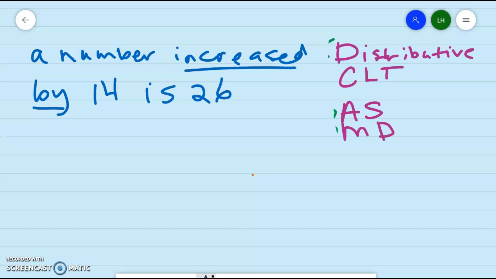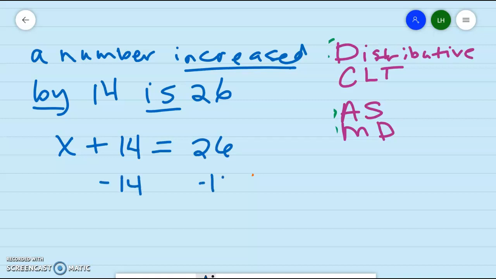So increased by means add, and is means equal. So a number, you're going to use a variable, plus 14, is means equal, 26. And then you could solve it and you get x equals 12.